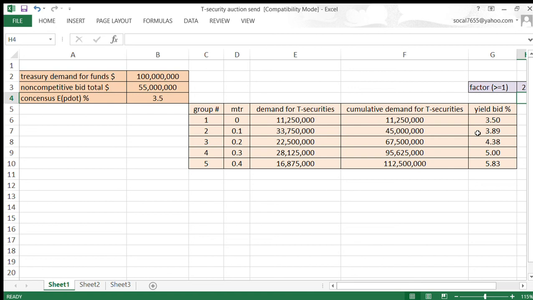Their yield bid is 3.89%, and therefore under this assumption the Treasury auction will provide everyone who gets a Treasury bill a yield of 3.89%, and it will be everyone in group 2, everyone in group 1, and all the non-competitive bidders. In the current example, they will all get 3.89%.